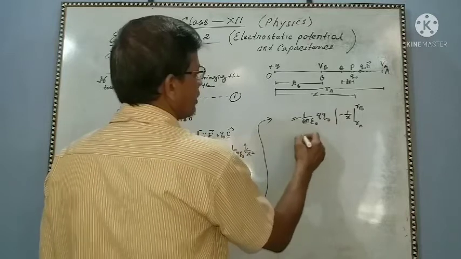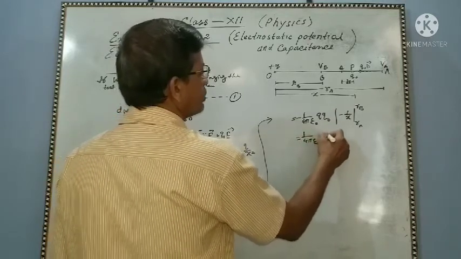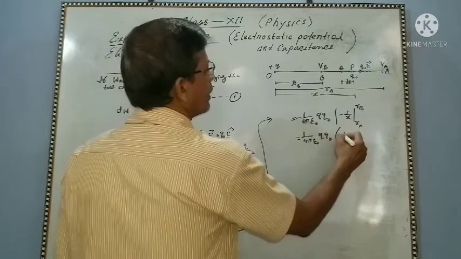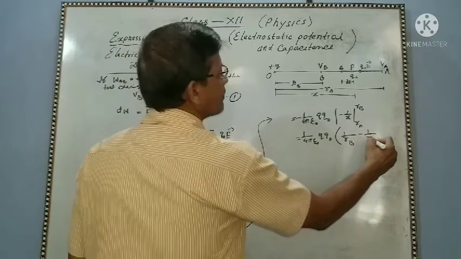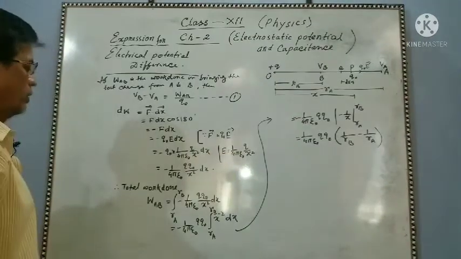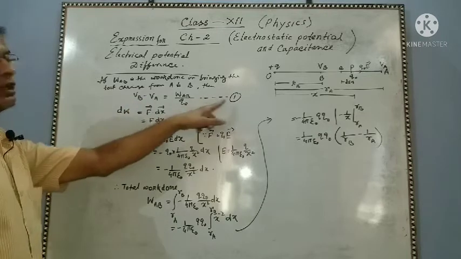Minus and minus make plus, so 1 by 4 pi epsilon naught Q naught into 1 by RB minus 1 by RA. This is the WAB.